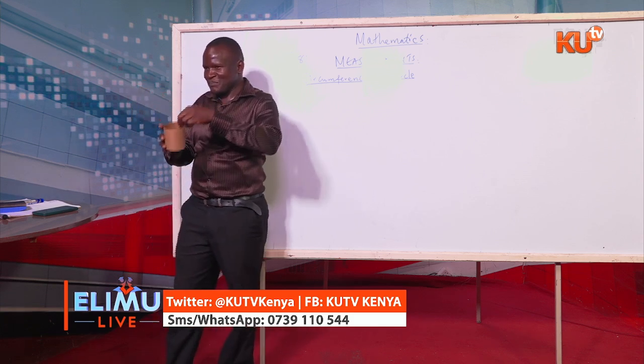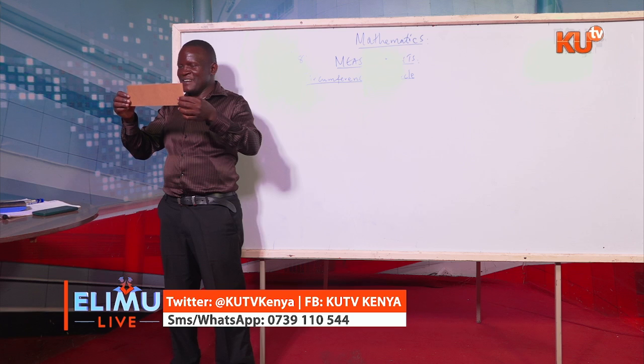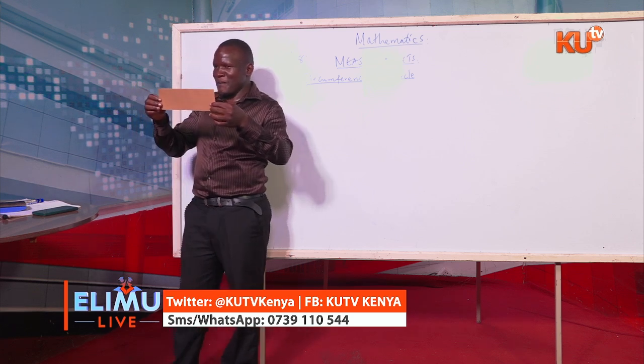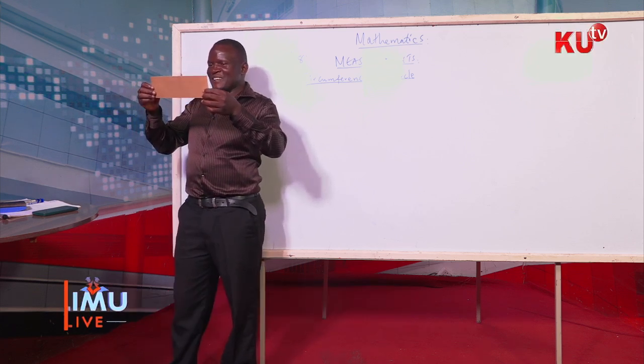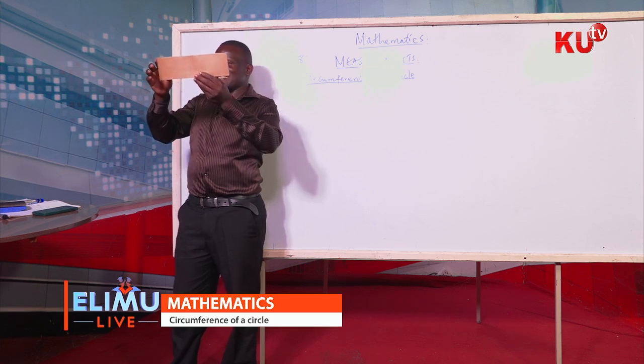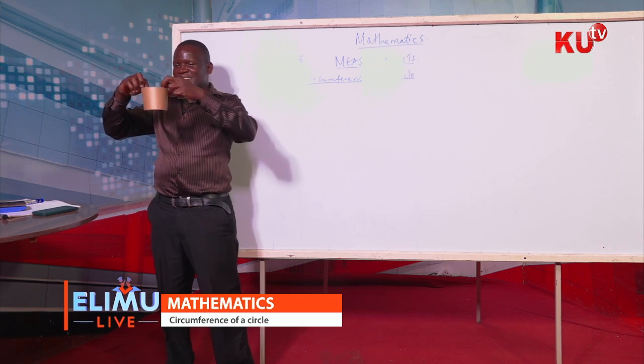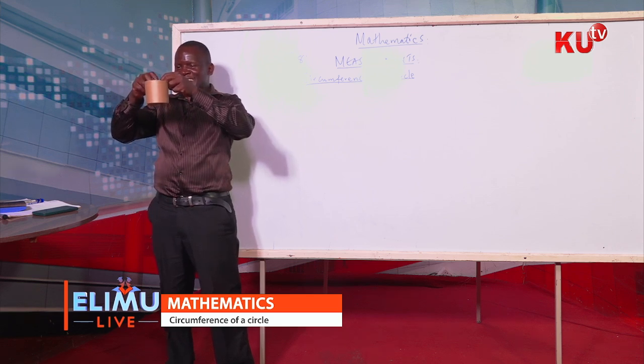I repeat, I have with me a rectangular piece of paper. This rectangular piece of paper has the length. It also has the width. When we fold it, it will form a cylinder.